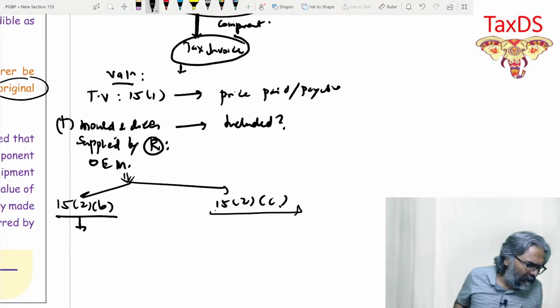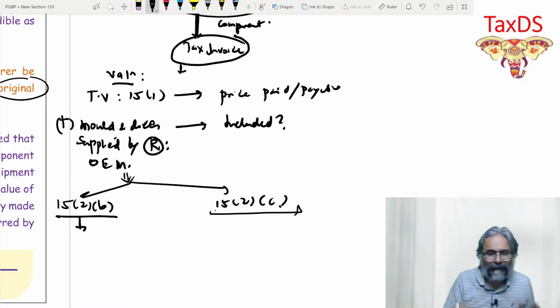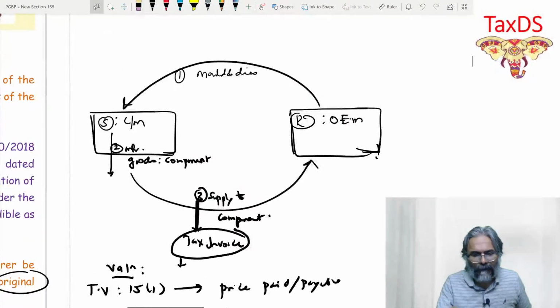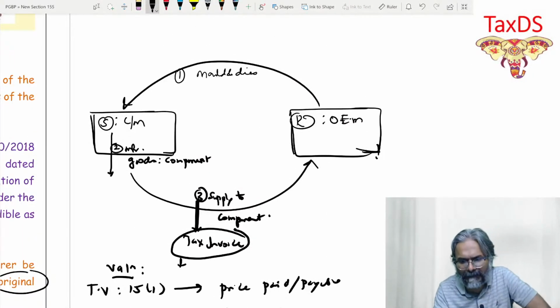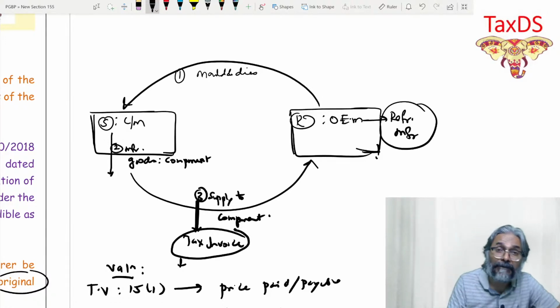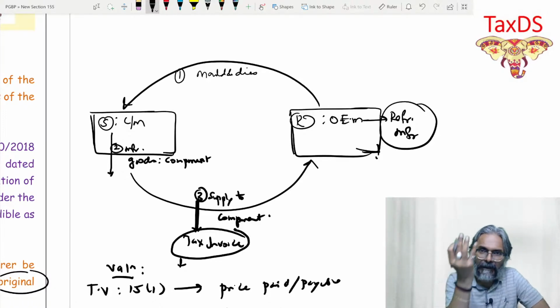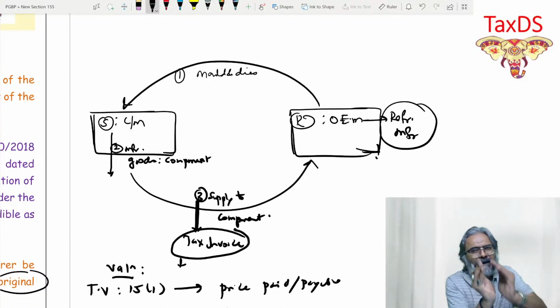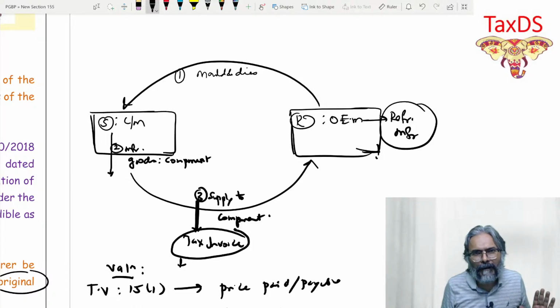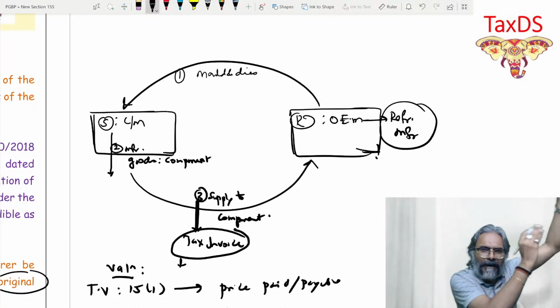In this context, Tulsi, please understand. Think of an OEM, say for example a refrigerator manufacturer. For that refrigerator, they require some parts. From whom do they get the parts manufactured?